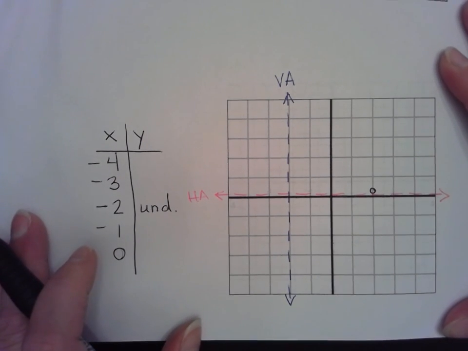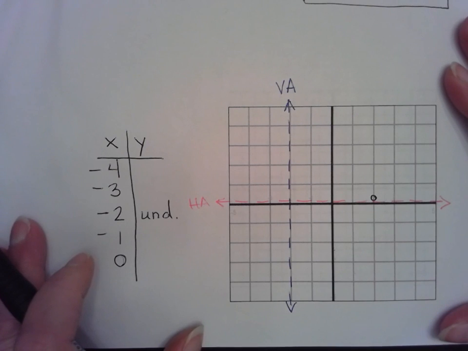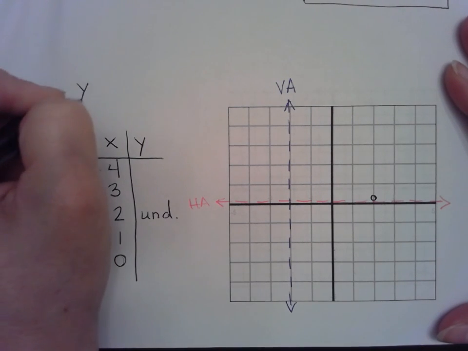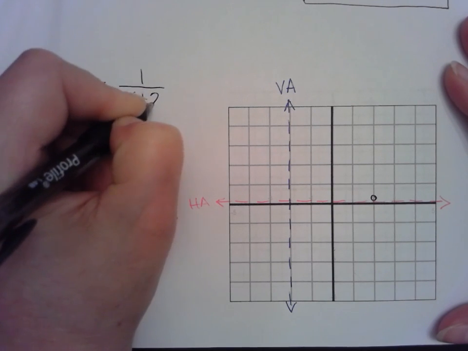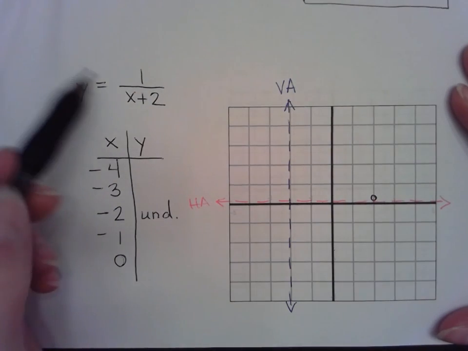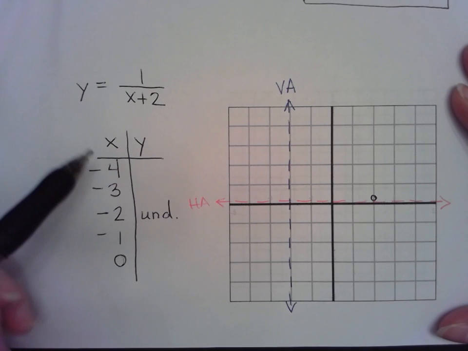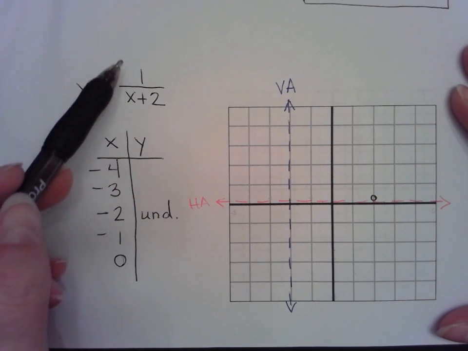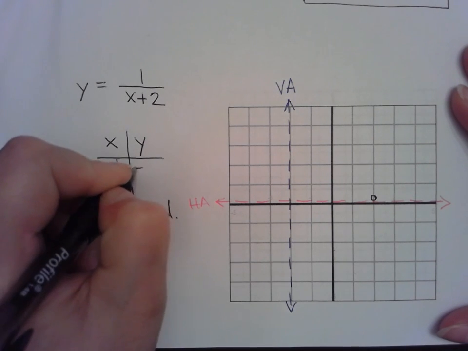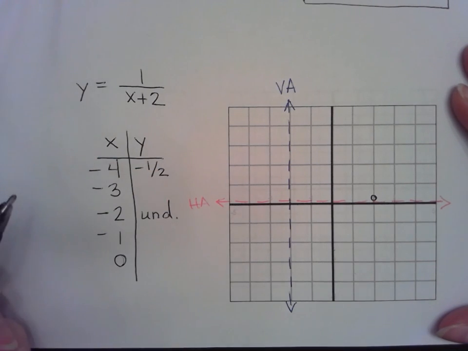Okay, the easiest place to plug these in is to the reduced function. I'm going to go ahead and recopy this so you can see it all on the same screen. Don't forget it's 1 over, right? So if I plug in -4, -4 plus 2 is -2. It'll be 1 over -2, or -1/2.